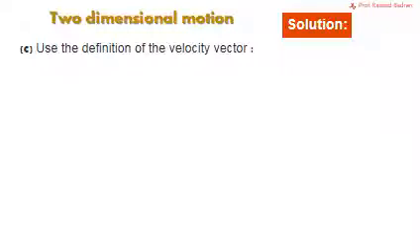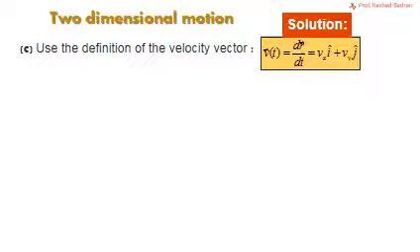To find the velocity vector as a function of time, we just write down the formula for the velocity vector, which is the derivative of the position vector r with respect to time.